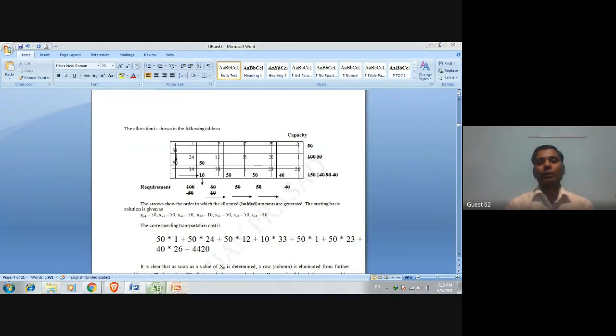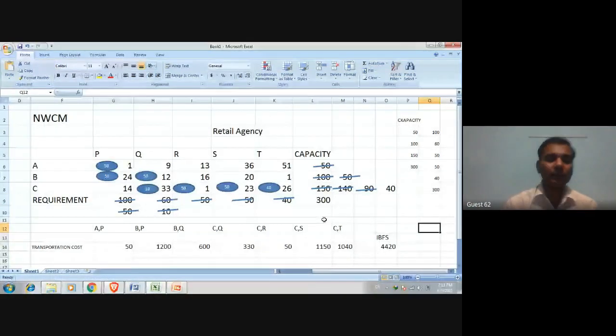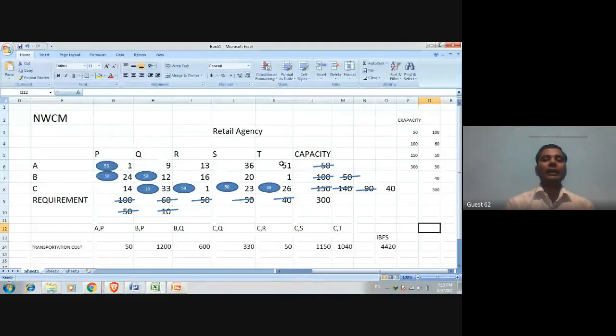So here we have solved the NWCM method of transportation. So this method is now completely done. In your examination, you can solve by the NWCM method if the question is asking for it. Otherwise, you have to apply the RAM method. If there is no specification to solve by any particular method, you have to apply the RAM method.